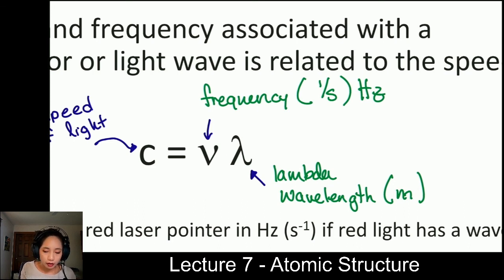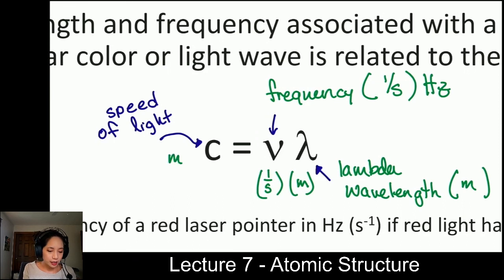So if we put those units together, frequency is per second, or a hertz. Lambda is a meter. The speed of light is a meter per second. You see how all the units in this equation balance out.